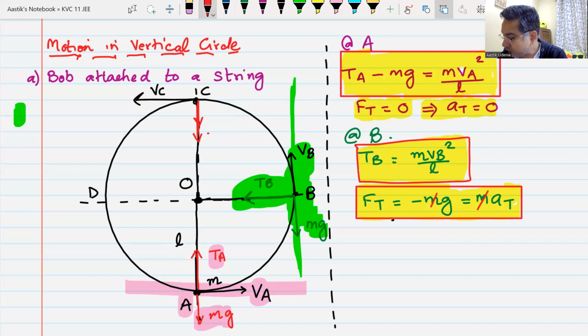Okay, tension at point C and mg. Then I color it with blue. What will be the equation at point C? Can anyone make the equation at point C?